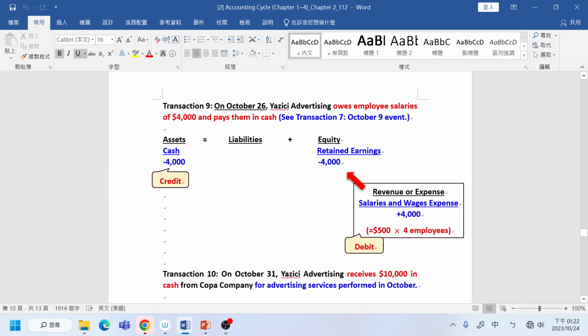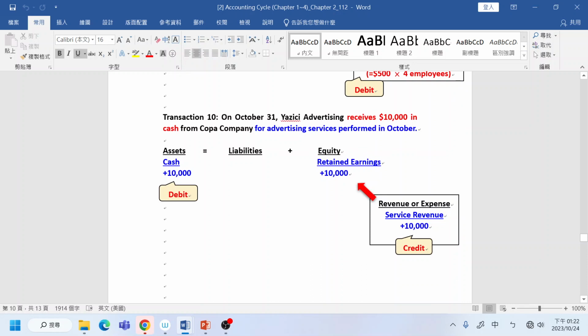Transaction 9, cash decrease on credit side. Expenses increase on debit side. So did you find out? You just repeat: you put the number on left, on right, on left, on right. That's it. Because we use the rule to write down the transactions. Okay?